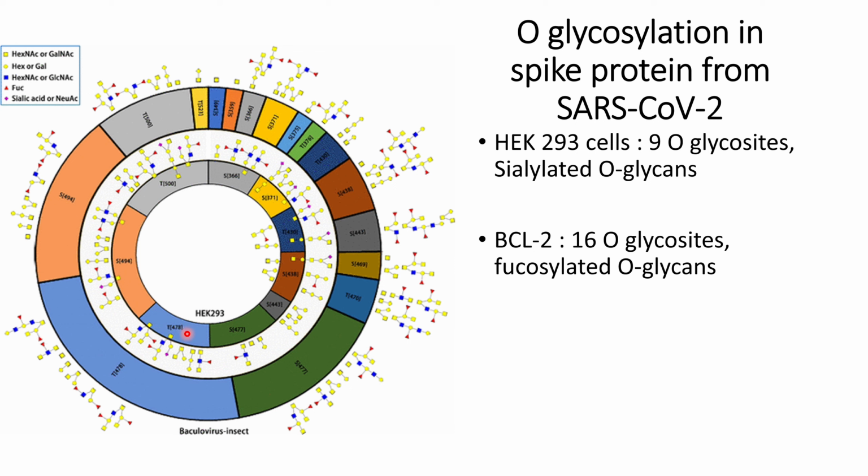T478, S477 and S498, and in the case of BCL2 S494, also have more abundance compared to the other cell system. So this is how we can interpret this diagram. The same color represents the same glycans in the different cell systems, and the area of the glycan within the circle represents the relative abundance within the cell system.